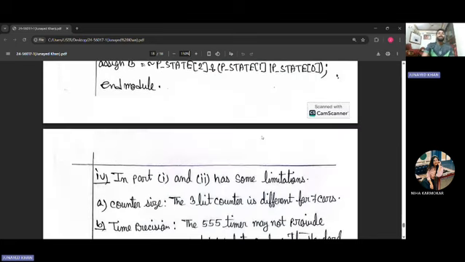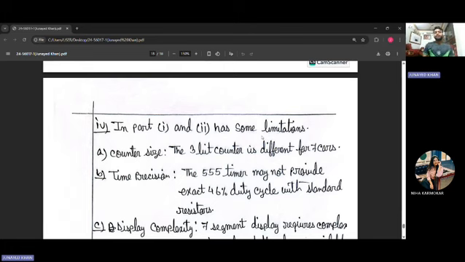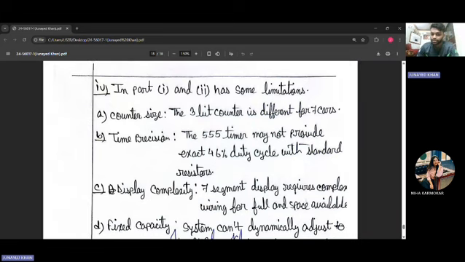In question 4, there are some limitations in our project or assignment, whatever we call it, in practical designing. Parts 1 and 2 have some limitations. What are the limitations? First, counter size: the 3-bit counter is different for 7 cars or 6 cars.